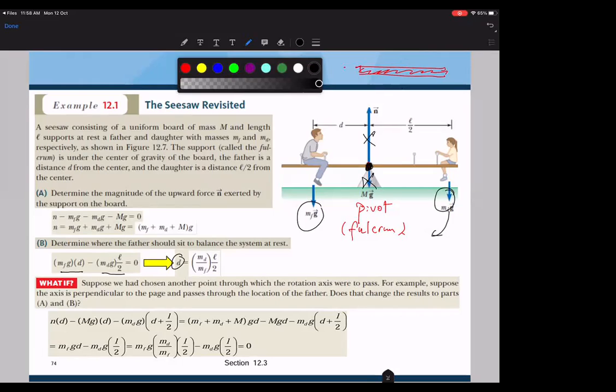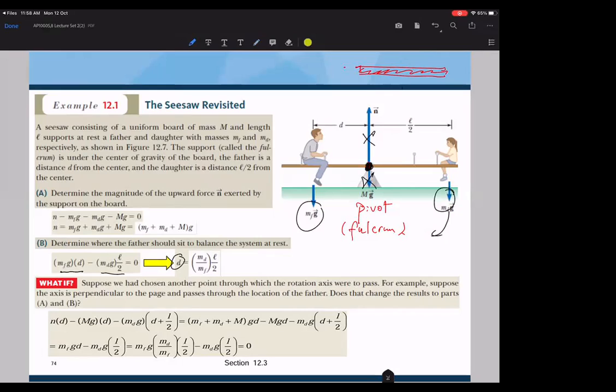Suppose in here, we could choose another location to calculate the net torque. And that is actually done in the last part of this slide. So for example, you could find the torque about an axis perpendicular to the page and passing through the father's location.